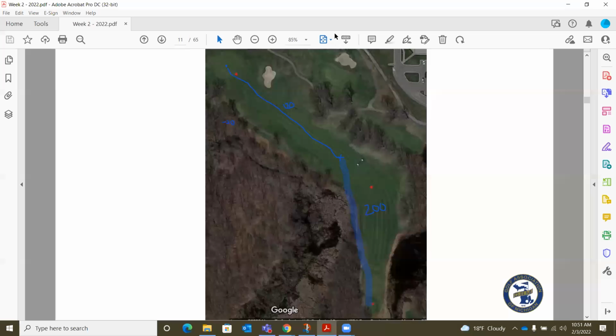So basically what he's saying is that because we hit it 220, we carry it 180 in the air. We need to go 10 yards beyond the edge here. But once we get 10 yards beyond the edge, if that point is more than 180, then we can't take this line and we might need to come farther back this way.